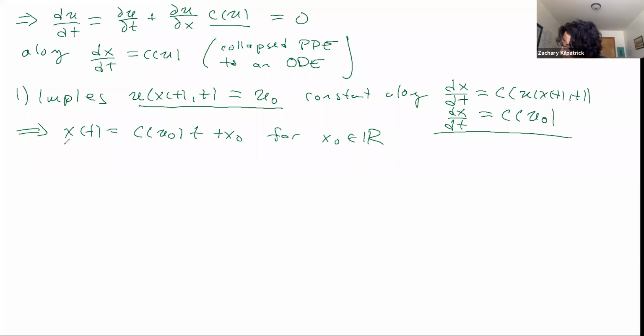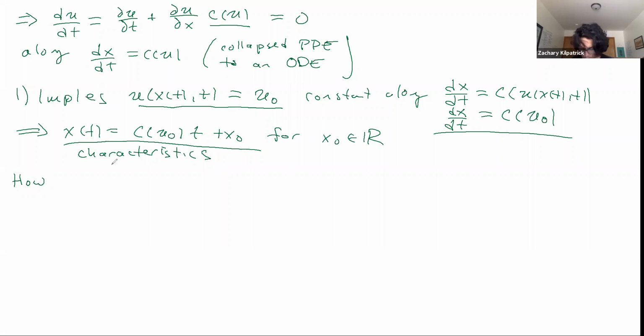So in fact, these are our characteristics, okay? These should look reminiscent of the kinds of things that we were seeing in the case of the transport equation. If I just took c to just be a straight up constant, this would look exactly like what I got from the transport equation, okay?